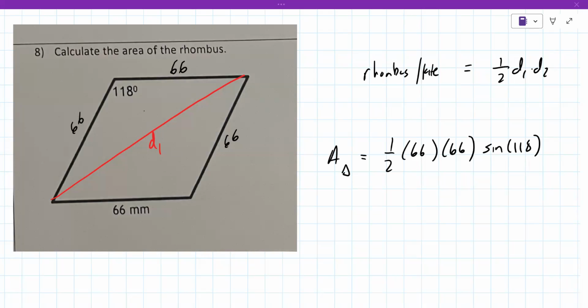Is it 1923? That's the area of one triangle, and if you double it, you'll get the area of the other. Okay. That's actually kind of the idea behind the kite as well, is you can find the area of one triangle and double it.